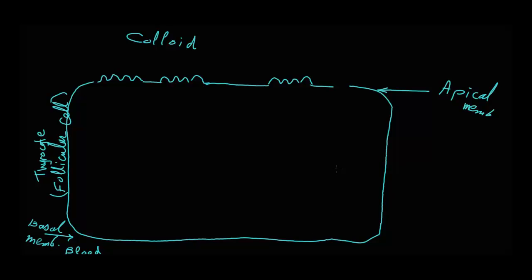This figure represents a follicular cell or a thyrocyte. Here is the apical membrane. So the extracellular interface here is represented by the follicular colloid, while on the other side, this is the basal membrane here, the extracellular fluid is represented by the blood.